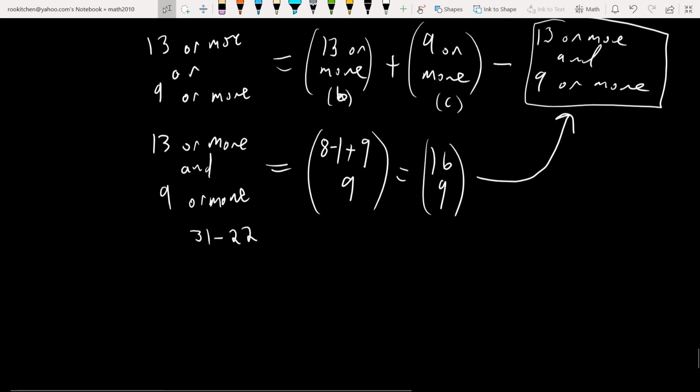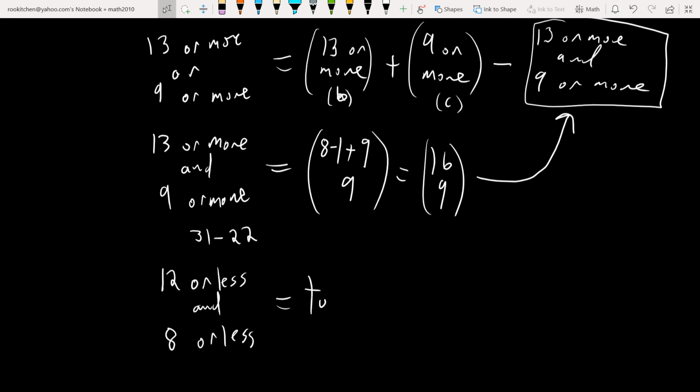And so finally, to figure out 12 or less and 8 or less, we take the total and subtract away the 13 or more or the 9 or more.